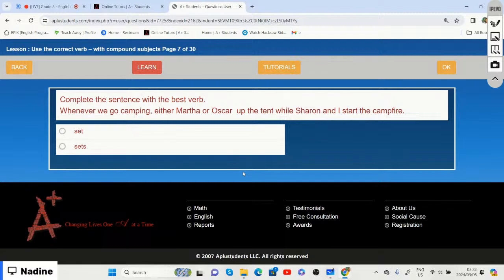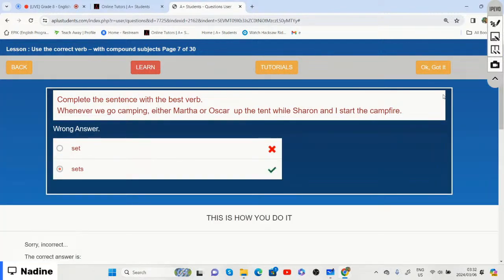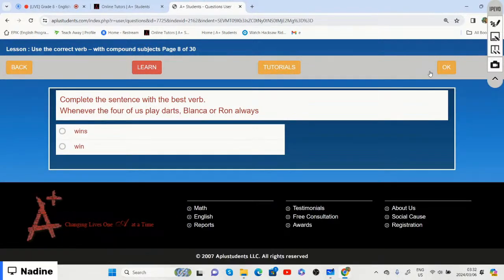Oh, it sets up. What makes it a bit confusing is that it starts with a plural form and then goes to a singular form. So complete the sentence with the best verb.